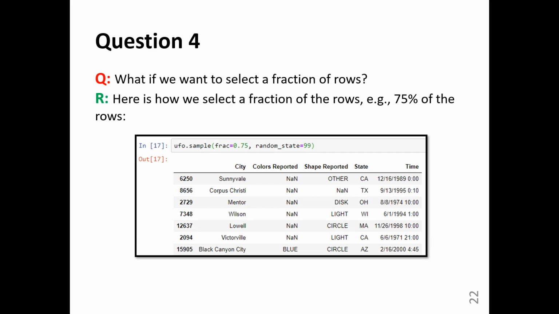If we use frac, this fraction is going to give, for instance, if you say 0.75, 75% of the rows, right? And guys, because random_state is 99, you're all going to get the same number of rows. Everything will be the same.